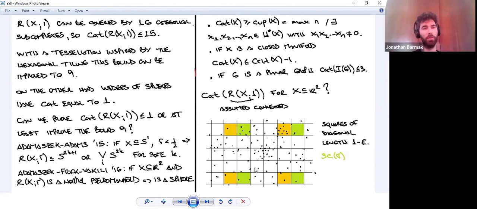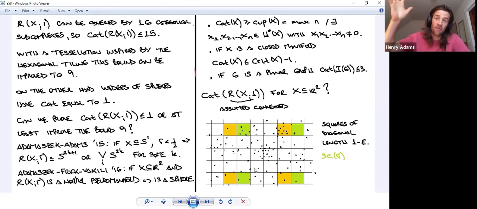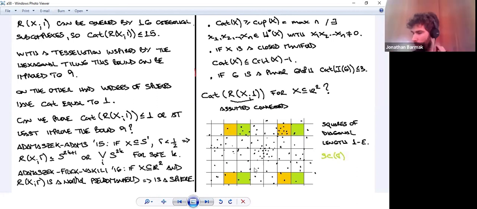That might be a way to say: here's a given graph, I know it can be embedded as the one skeleton of a Rips complex in some high dimensional Euclidean space, but here's a way to prove that the dimension of that Euclidean space needs to be sufficiently high. Maybe you can prove that 5D won't work, but you need at least 6D. Okay, perfect. Yeah, you could have a result in that sense.